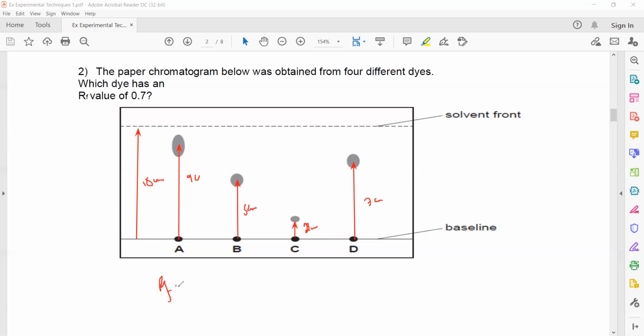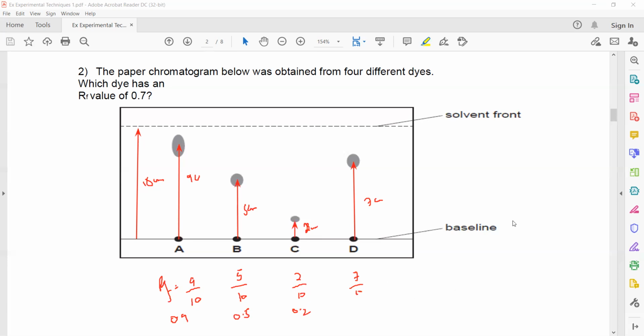The RF value is the distance moved by the spot from the origin divided by the distance moved by the solvent. So for A this will come out as 0.9. For B, it will be 5 divided by 10, that's equal to 0.5. For C, it will be 2 divided by 10, 0.2. And for D, it will be 7 divided by 10, so it will be 0.7.